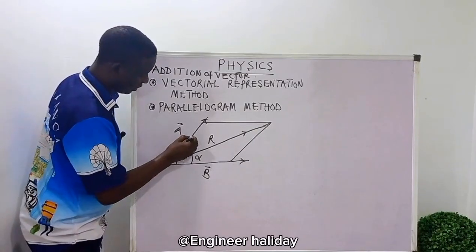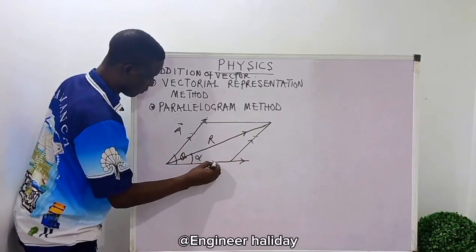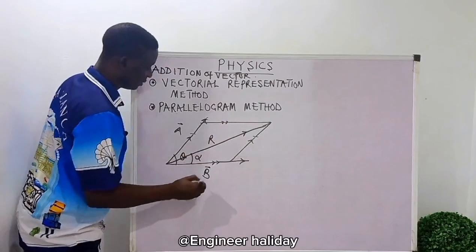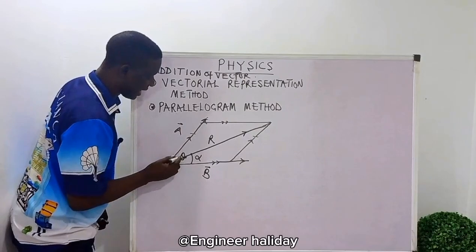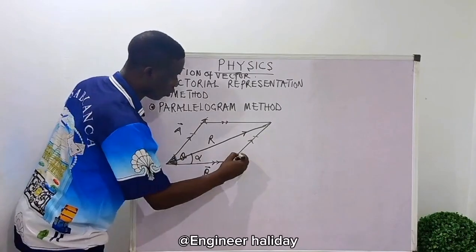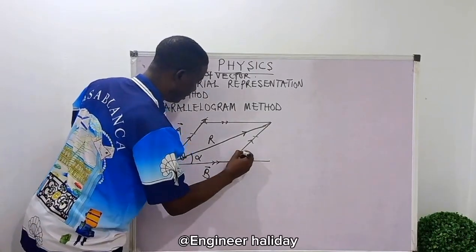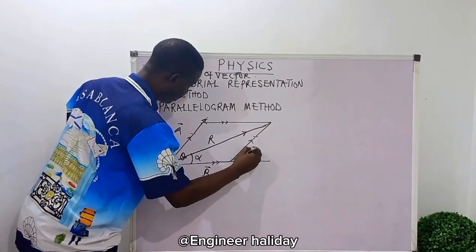Now this one is parallel to this one, while this one is parallel to this. Since these two vectors are inclined at an angle theta, this place is corresponding to this angle here. This is also theta. We call it the corresponding angle, angle theta.